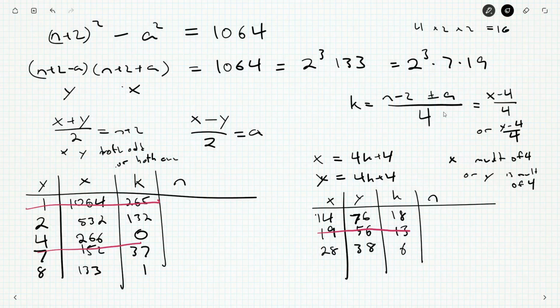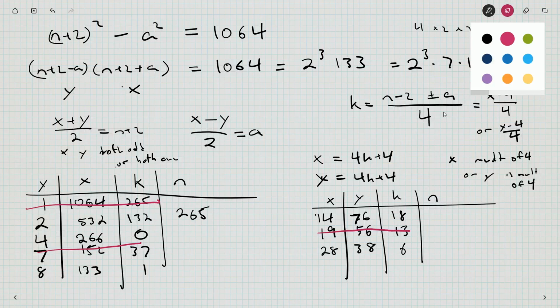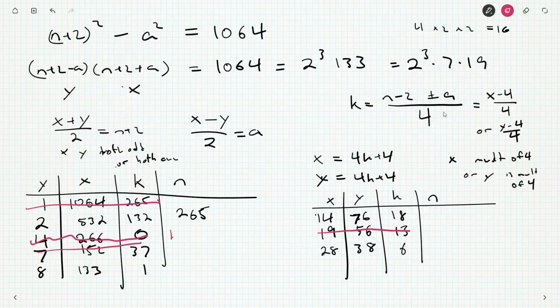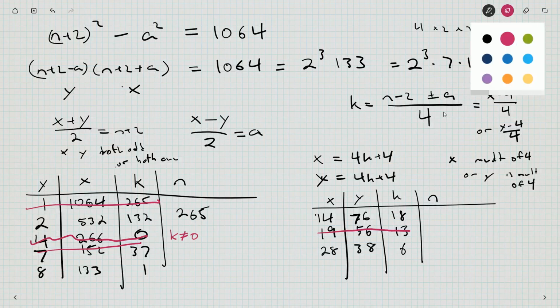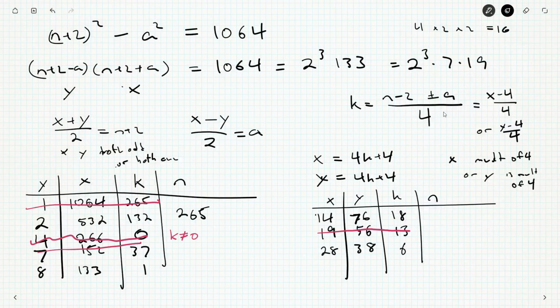All right. So now 2 plus 532 divided by 2 is n plus 2, so n is going to be 265. K can't be 0, so this guy's out. Eight plus 133, no, that one's out.